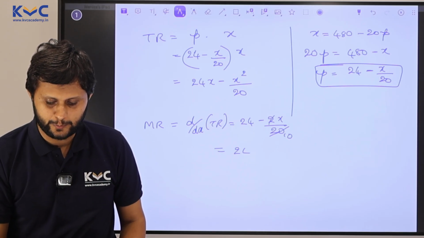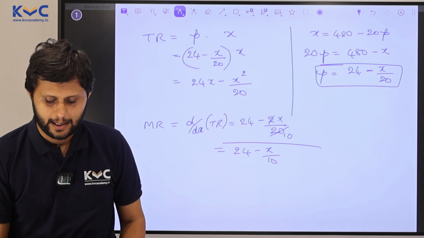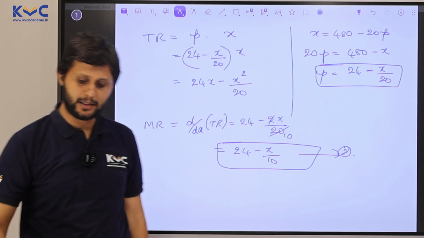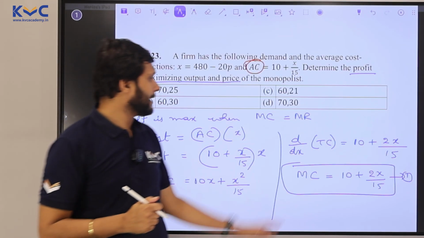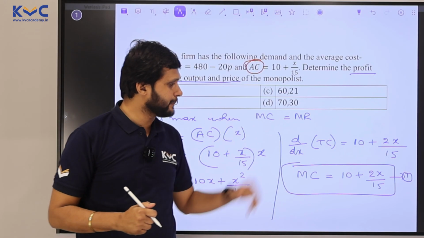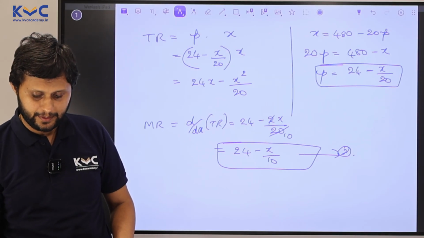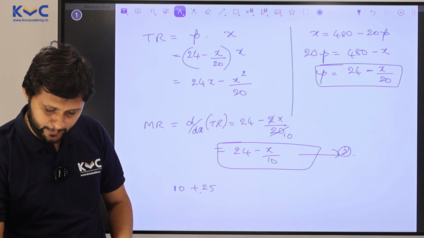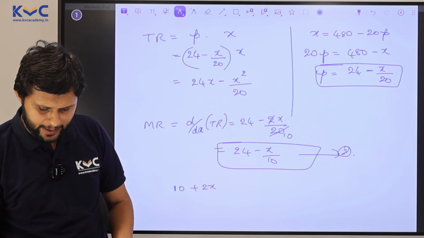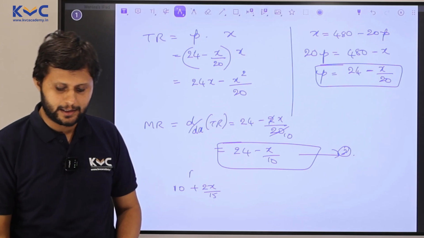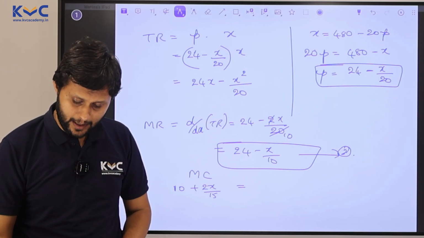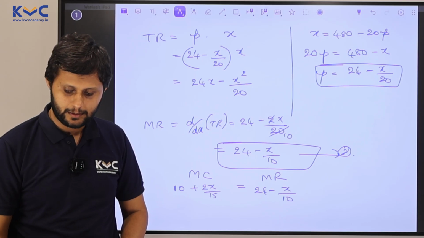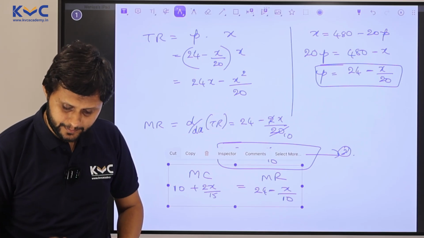So we get 24 minus X by 10, and this becomes my second equation, my right hand side. So my left hand side is done, that is 10 plus 2x by 15. This is your marginal cost, equal to marginal revenue, which is equal to 24 minus x by 10.